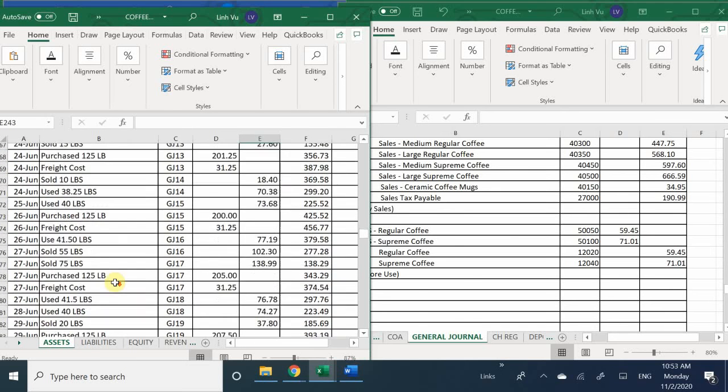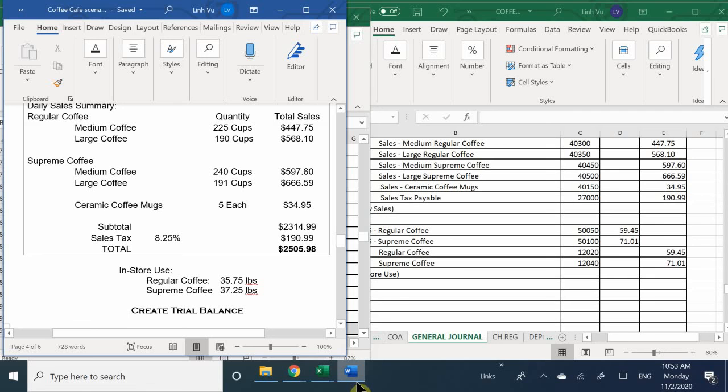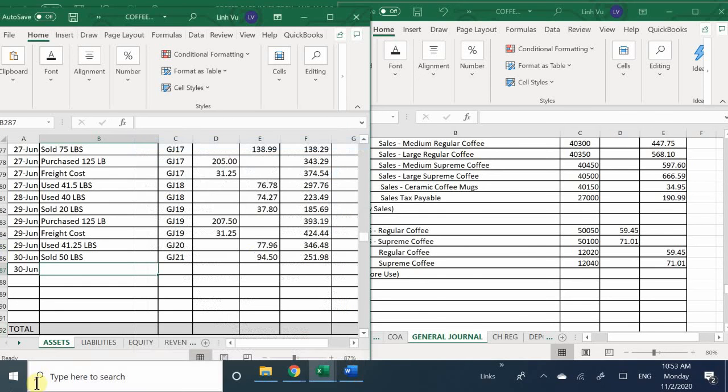Okay? So now for Supreme Coffee. How many pounds did I use? 37.25. Okay, so we used 37.25 pounds. General Journal 21.